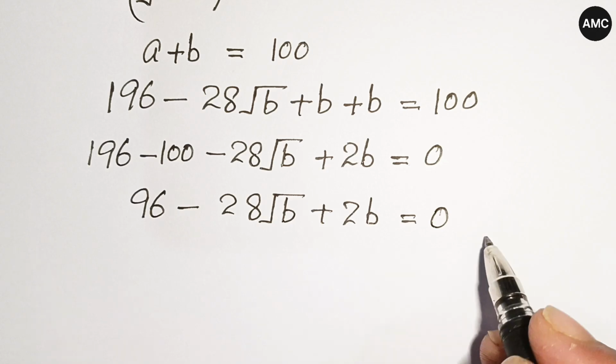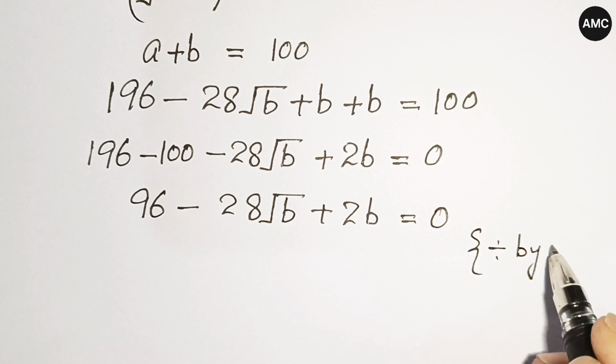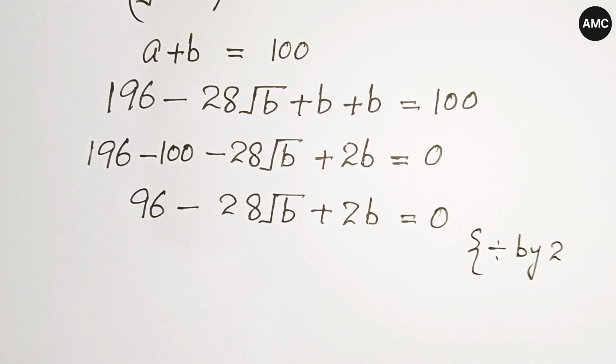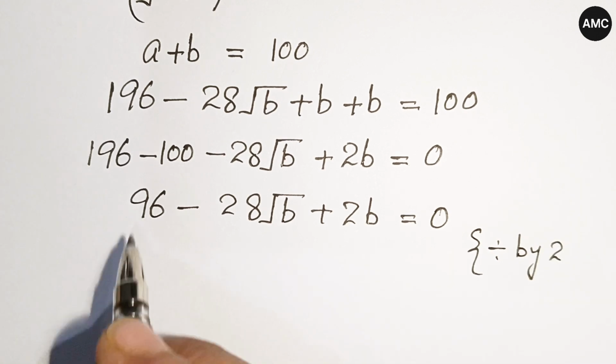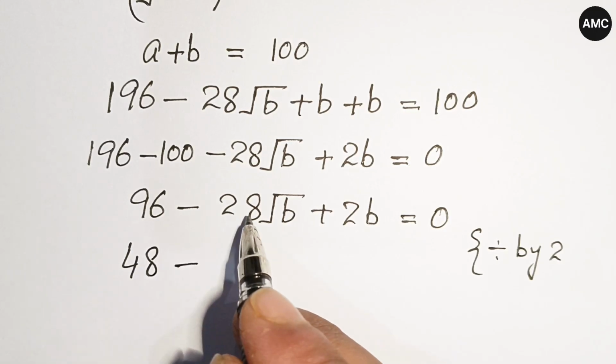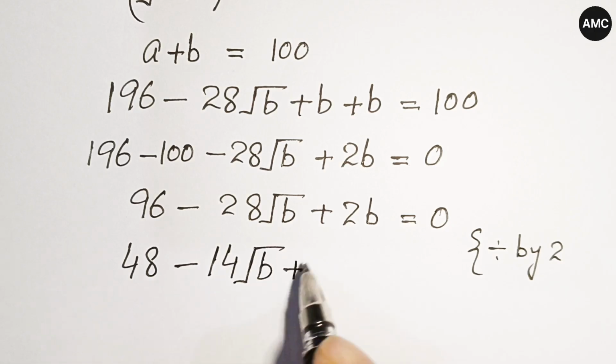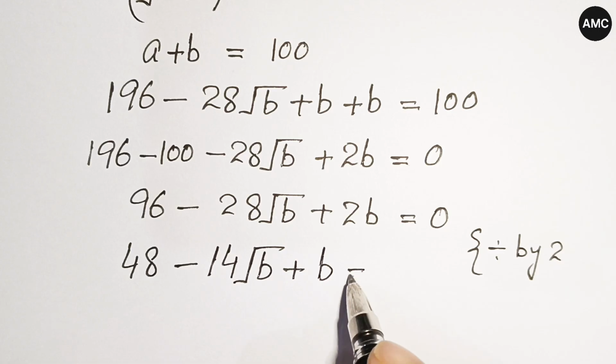If we divide this equation by 2, because 2 is a common term, it will be 48 minus 14 square root of b plus b is equal to 0.